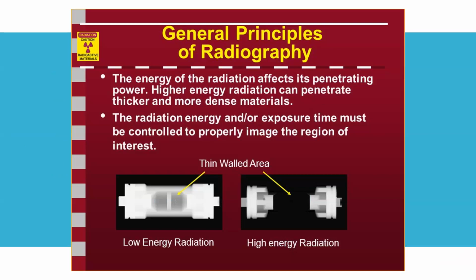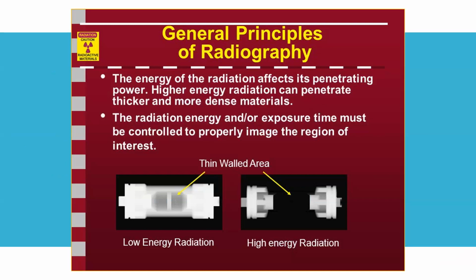You know, this is the way these are viewed is based on how the film worked. The film started out white, or kind of a silvery color. And as it's exposed to radiation, it gets darker. Okay, so the areas that are thin, where it's easy for that radiation to pass, are going to be the darker areas.